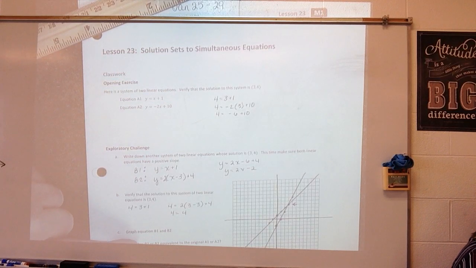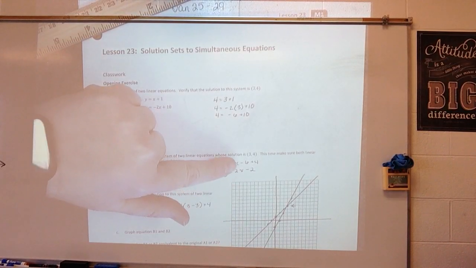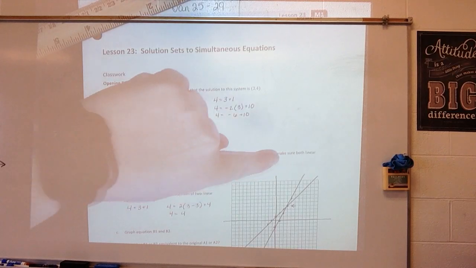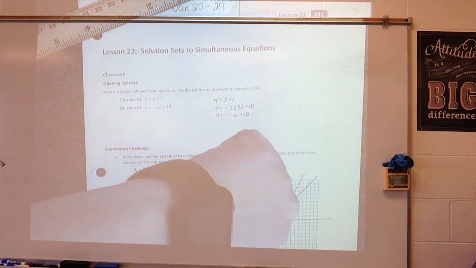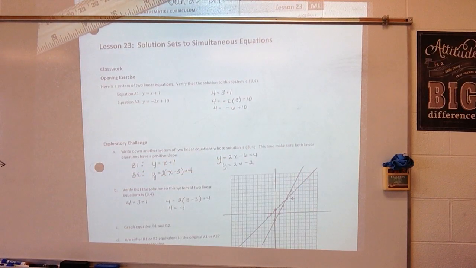Are either B1 or B2 equivalent to the original A1 or A2, and explain your reasoning? We'll come back to that in just a second. I do see that 3, 4 is a solution because that's where they come together. All right. So it says are B1 or B2 equivalent to the original A1 or A2?